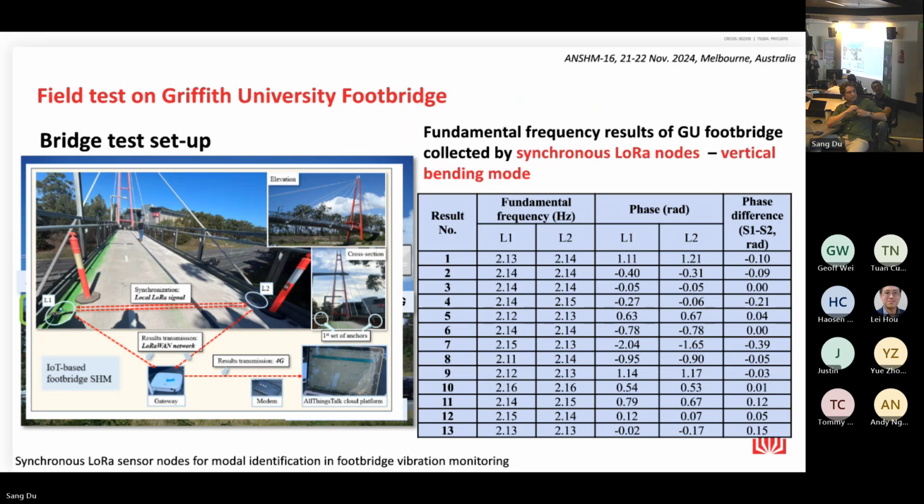We could tell that the phase difference between them is almost 0, and we got consistent fundamental frequencies from these two nodes. So we could identify its fundamental mode as a vertical bending mode with a frequency of 2.15 hertz.